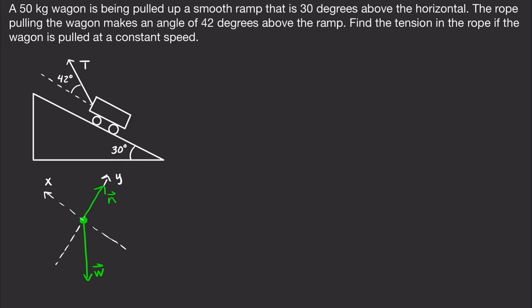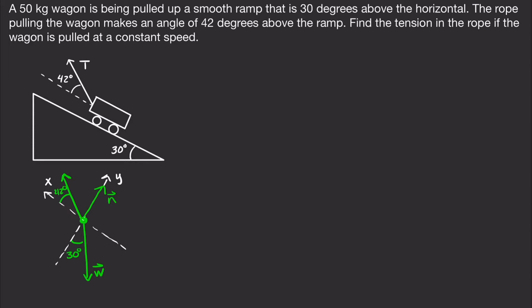And then this tension force is at 42 degrees above the ramp, or above my new x-axis. Okay. Now for my weight, I know that my weight is going to have the same angle as the ramp, because my weight used to align with my old y-axis, and since I rotated my y-axis 30 degrees with the ramp, the weight is now 30 degrees with my new y-axis.